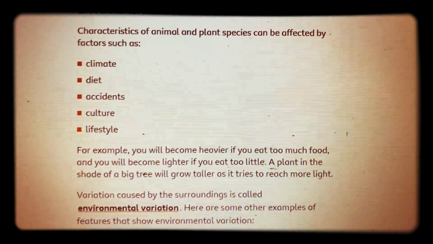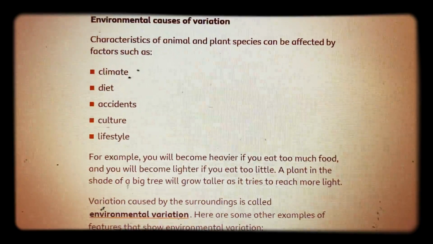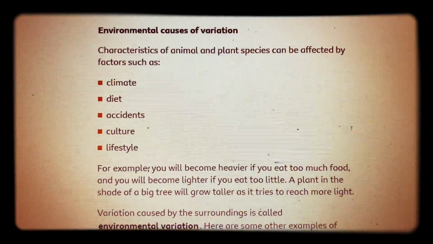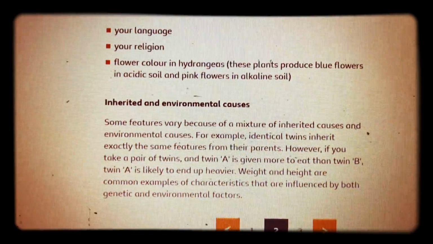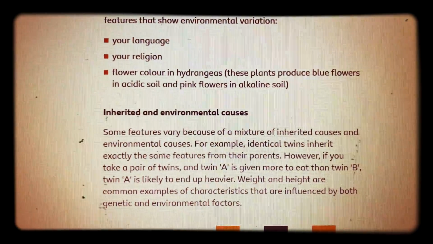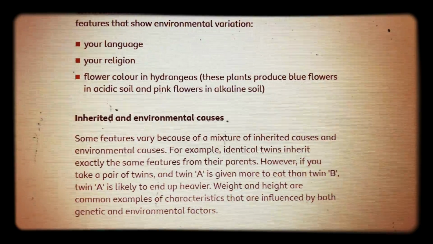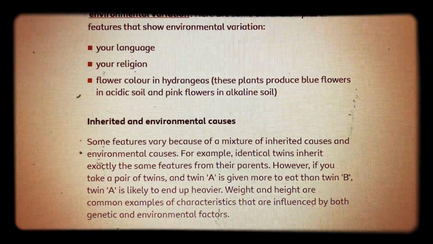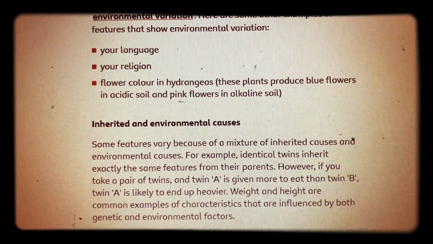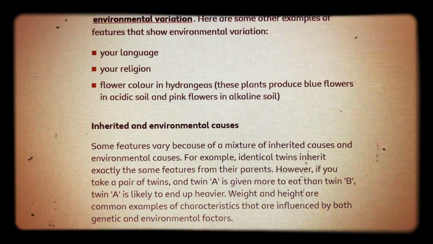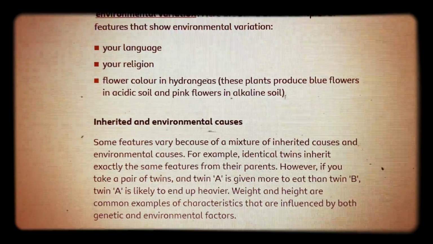All of these are environmental variations. Here are some other examples of features that show environmental variation: the language that we speak, our religions, and flower colours in hydrangea. These plants produce blue flowers in acidic soil and pink flowers in alkaline soil.